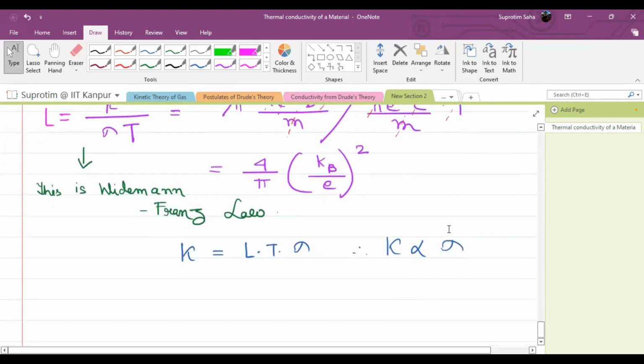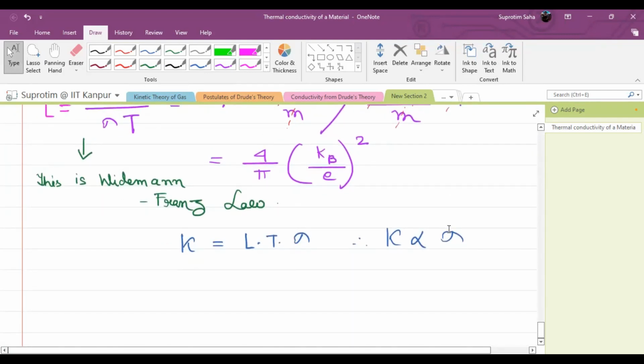Rather, I should say the ratio L is a constant. So what does this imply? That a material, and the electrons in it, with higher electrical conductivity will also have higher thermal conductivity.